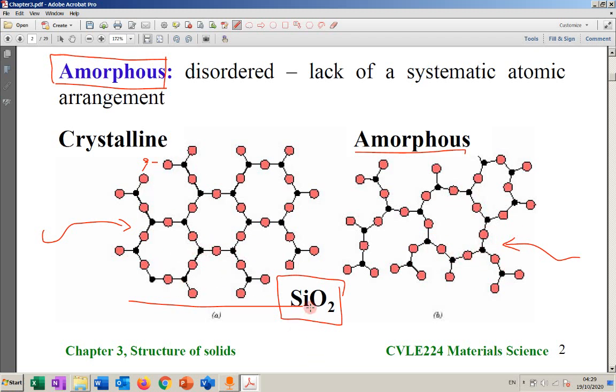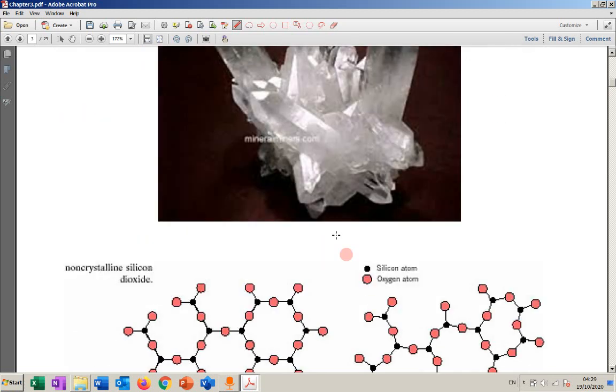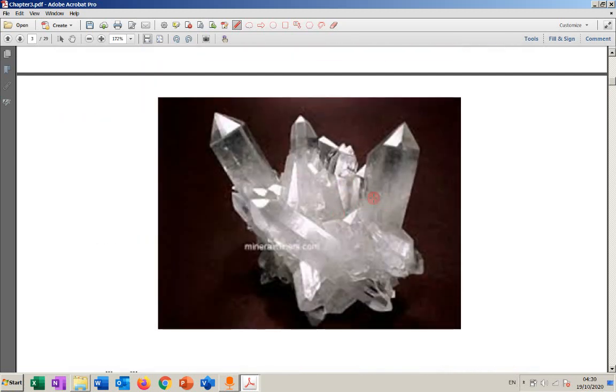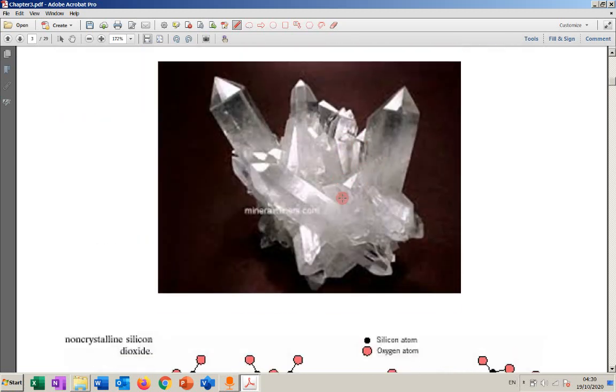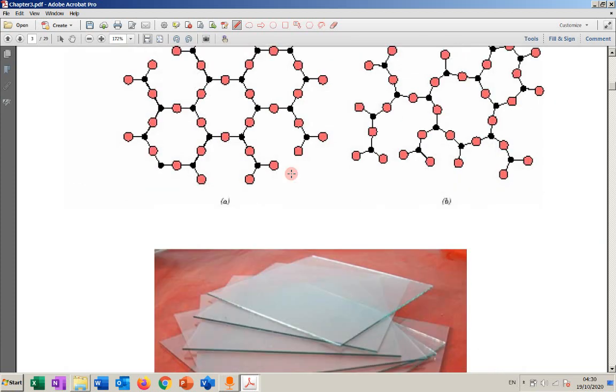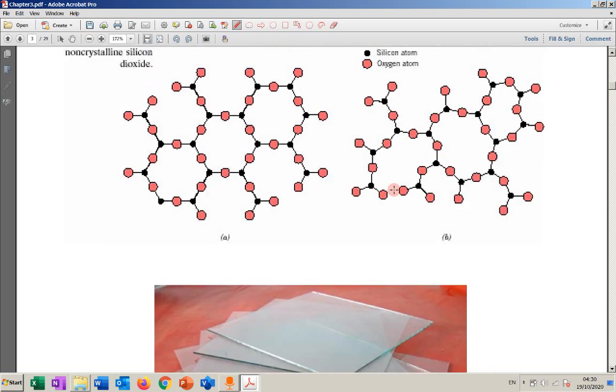Even though the bonding is the same, the elements are the same, silicon and oxygen, the arrangement is going to give you different properties. Now this is crystalline, the crystal shape is like this. Glass is what? It's amorphous. This is glass.